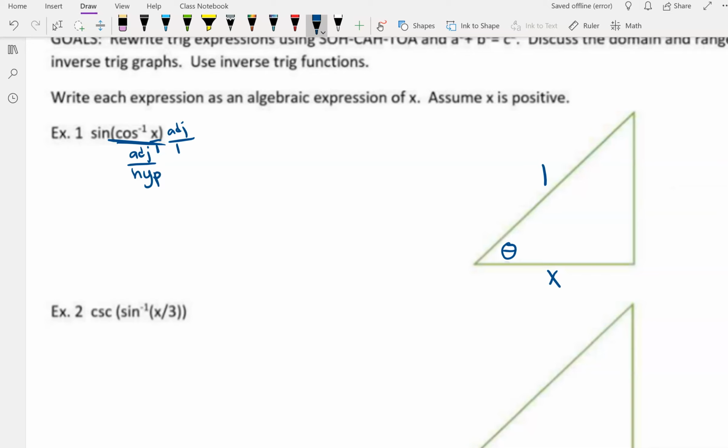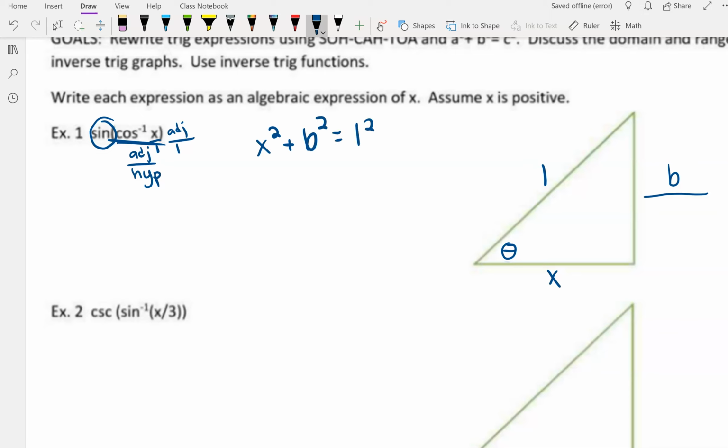Then what we need to do is find the remaining side, because we're going to try and find sine of theta on this triangle. So I'm going to use Pythagorean theorem now to find this missing side. I'm just going to call this b for now. So x squared plus b squared equals 1 squared.